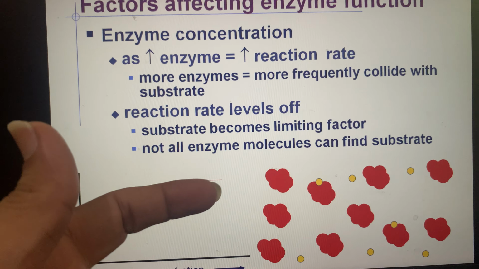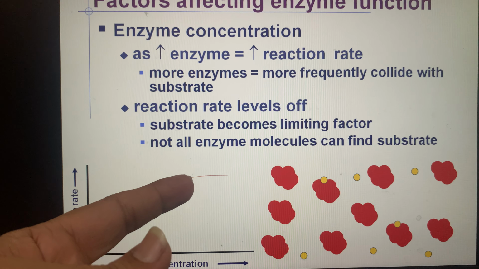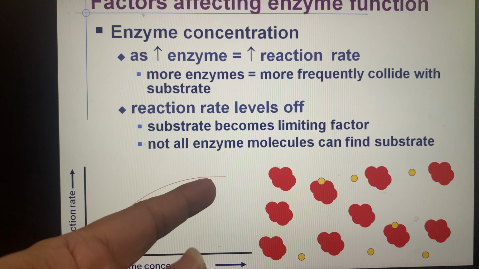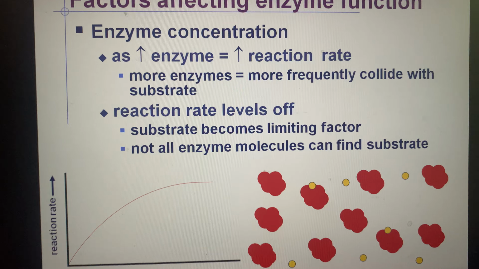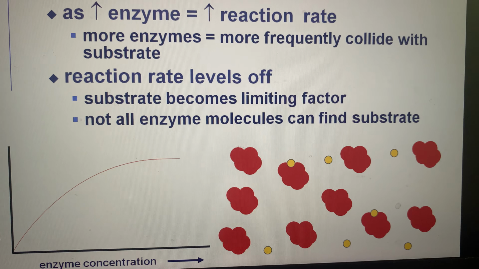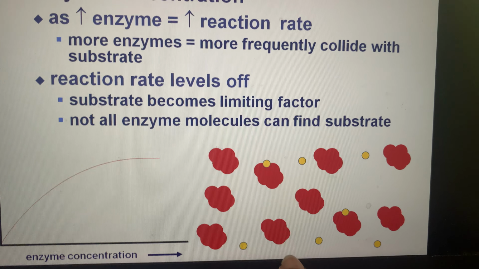The maximum of the enzymes have reacted with the maximum substrate, and even with more concentration of enzymes, there is no more substrate available. Not all enzyme molecules can find substrate.